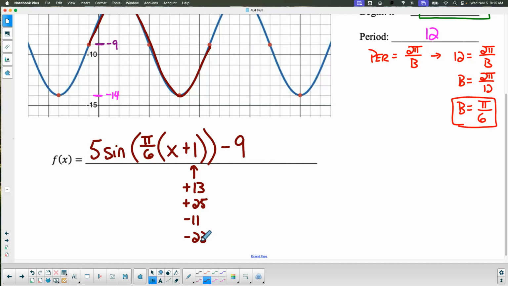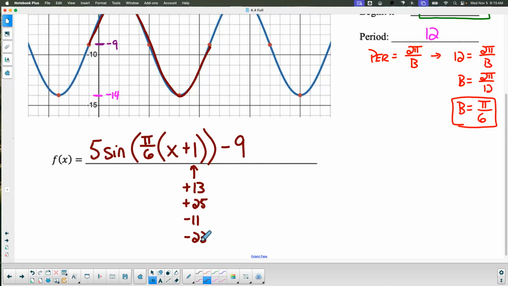All we would need to change would be that number. And as long as that number is 12 away, because 12 is my period, that would work. Okay? For one tweak. So right there, there's 5 functions that all fit that graph.